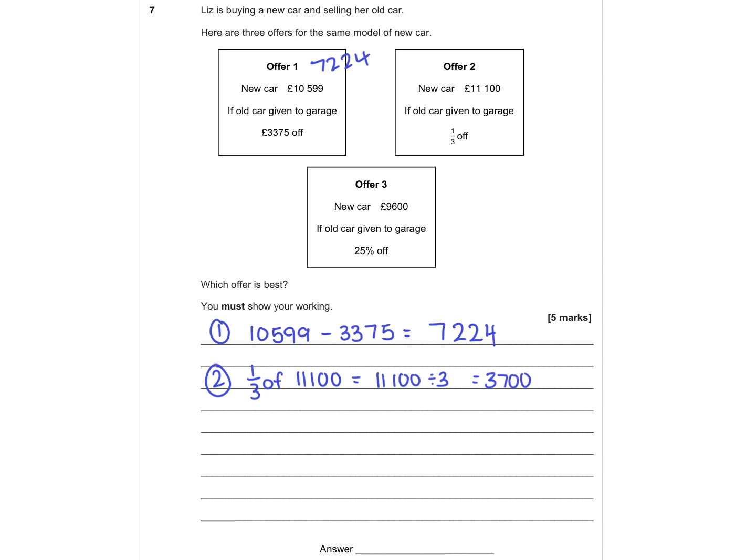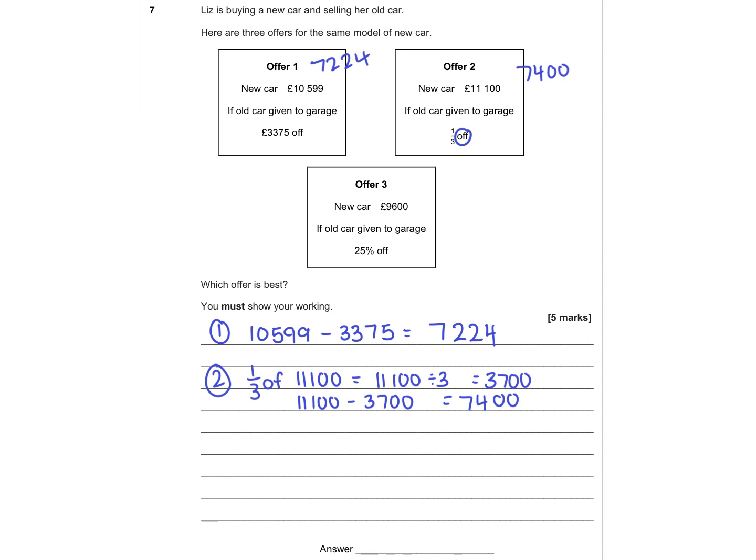Now that is how much she gets off, so we need to subtract that. So we have 11,100 minus 3,700, and this car from offer 2 is £7,400. So that is looking a little bit expensive at the moment.